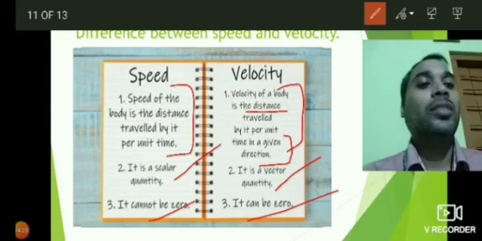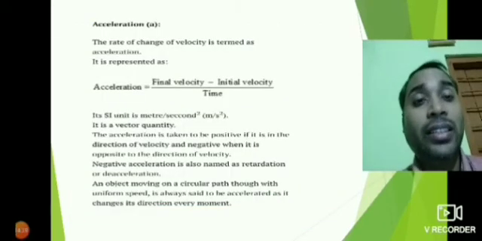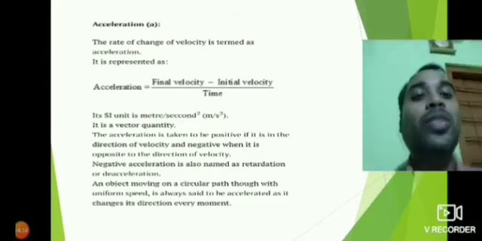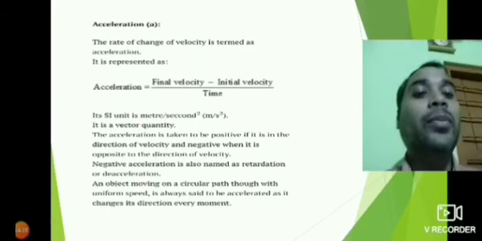So now let us talk about acceleration. So what is acceleration? The rate of change of velocity is termed as acceleration. It is represented by the formula final velocity minus initial velocity divided by time.